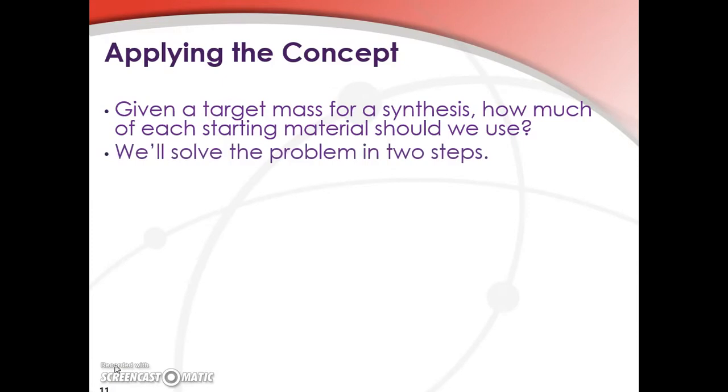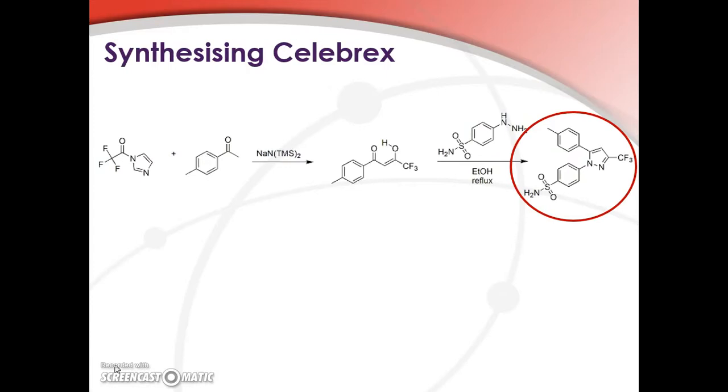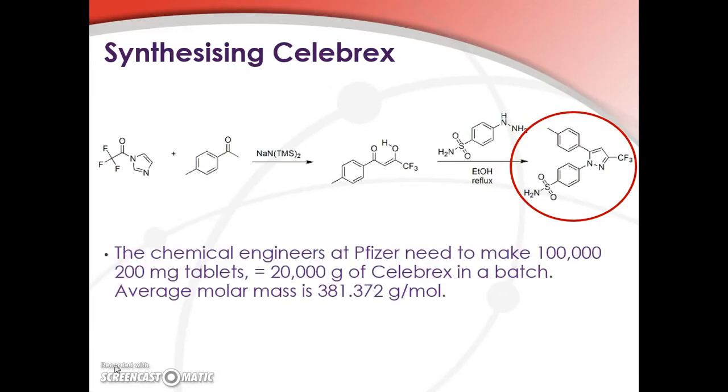We're going to do this problem in two steps because I think it's a little easier to follow that way. So let's go back to our synthesis of Celebrex equation, take our finished product, and assume that our chemical engineers at Pfizer in Singapore need to make 100,000 200 milligram tablets. So that's 20,000 grams of Celebrex. They need this for the batch.